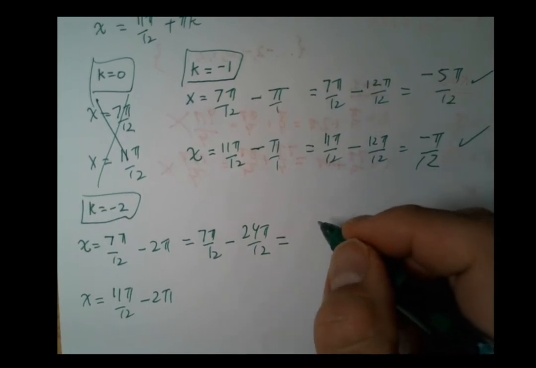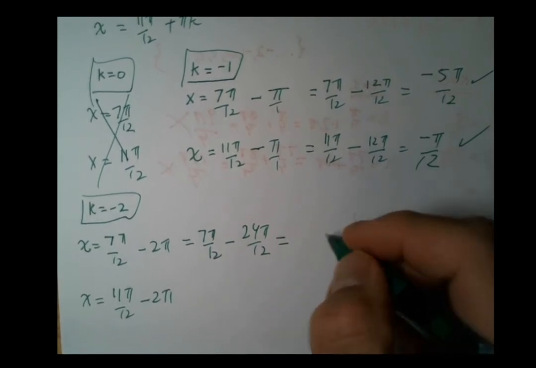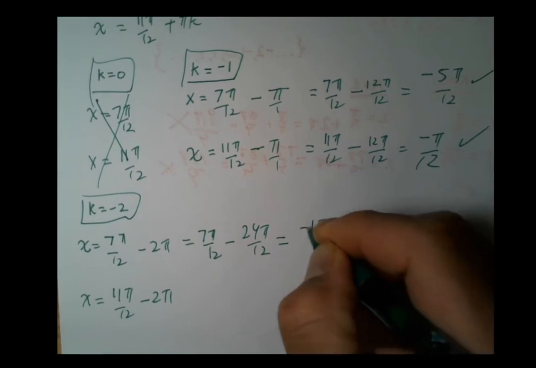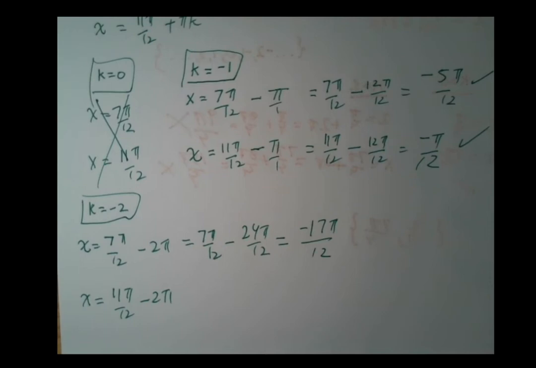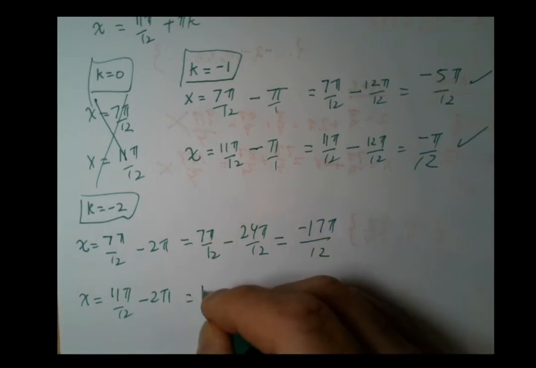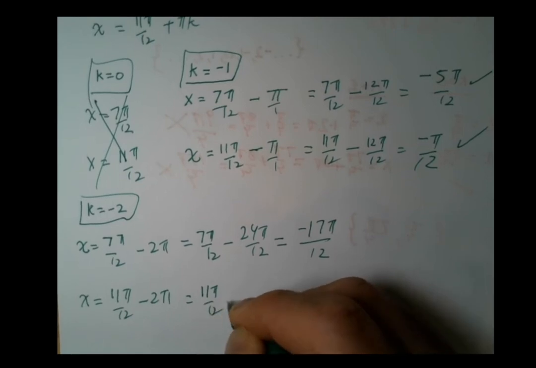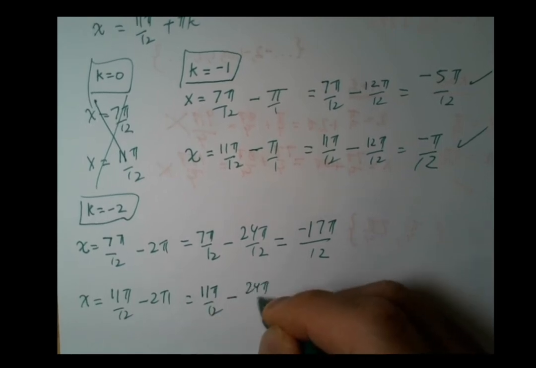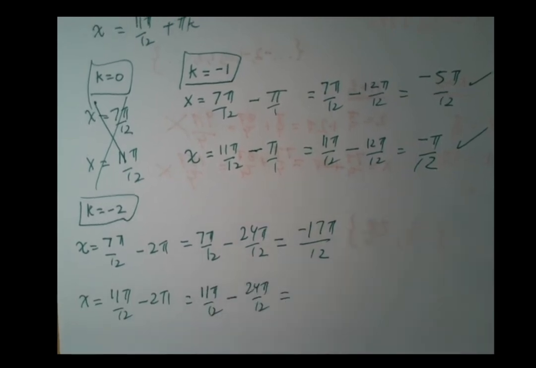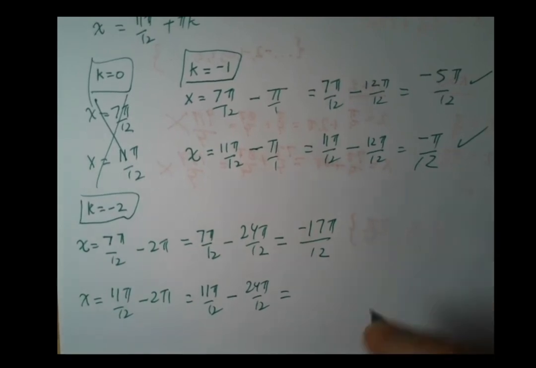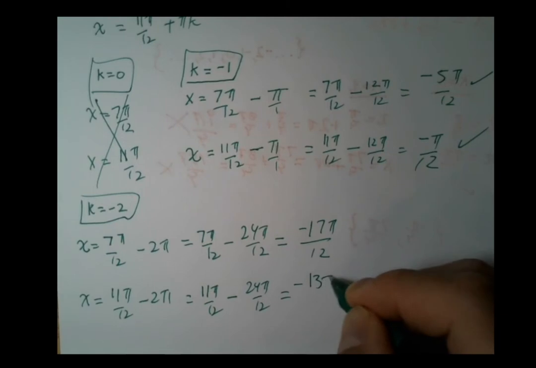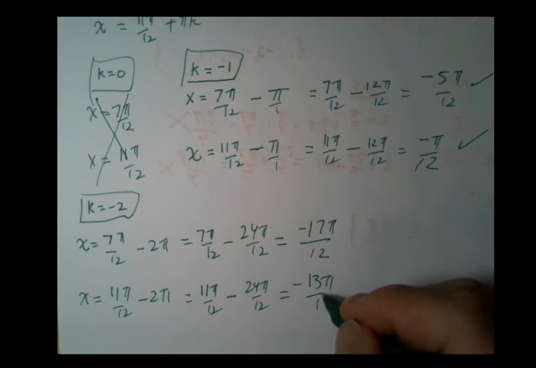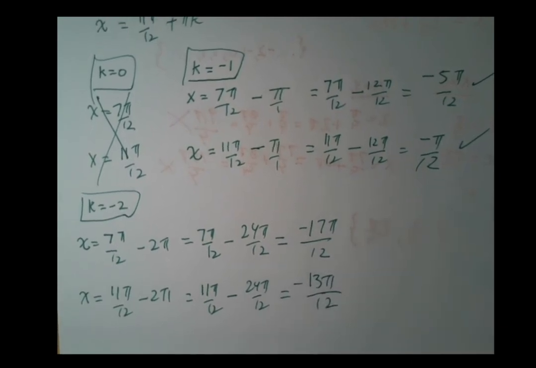So 24 minus 7, we would get 17, negative 17 pi over 12. And here, 11 pi over 12 minus 24 pi over 12. What do we get here? 13, negative 13 pi over 12.